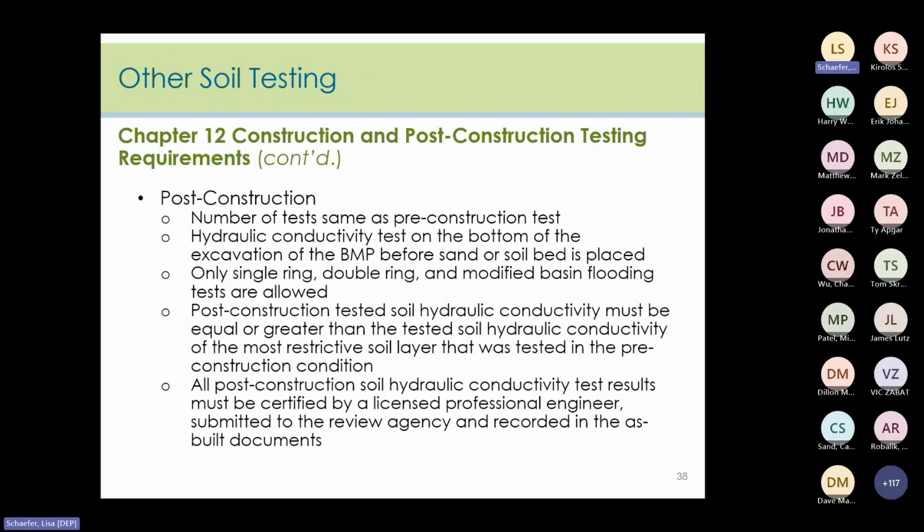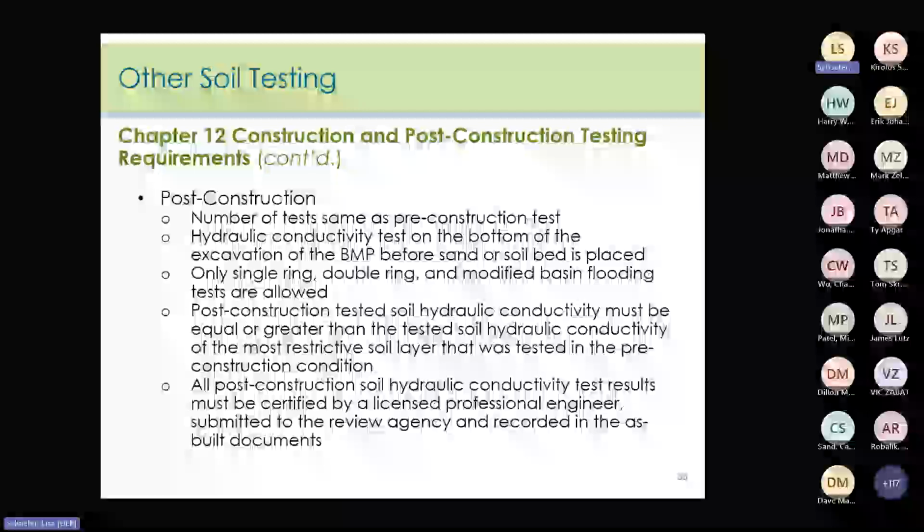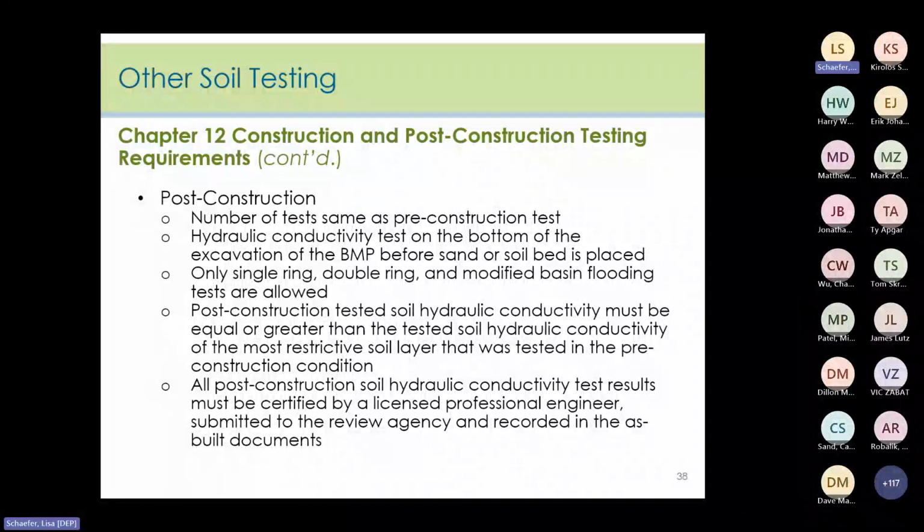That includes the use of all construction equipment and the placement of all construction material that may affect soil hydraulic conductivity. In addition, hand tools and manual permeability test procedures must be used to avoid affecting the soil hydraulic conductivity.